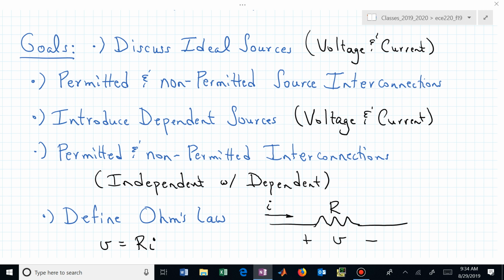But in fact, behind the scenes, to create that in practice, one way is via an op-amp, an operational amplifier. That gives us a way to get a dependent source. Other dependent sources can be made with transistors, and that's a follow-on class to this one, ECE 351C, where you talk about transistors.